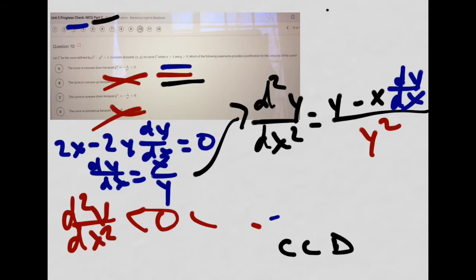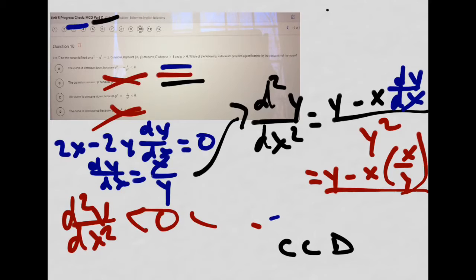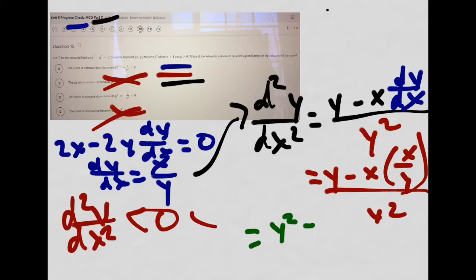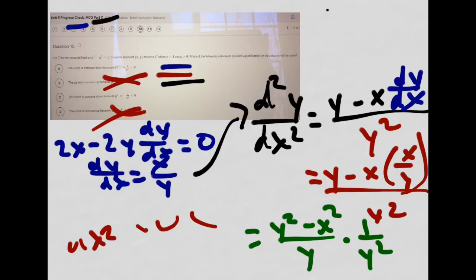We know dy over dx is the same as x over y, so substituting and simplifying we get y squared minus x squared over y, multiplied by 1 over y squared if you do keep, change, flip. Believe it or not, we're almost done.